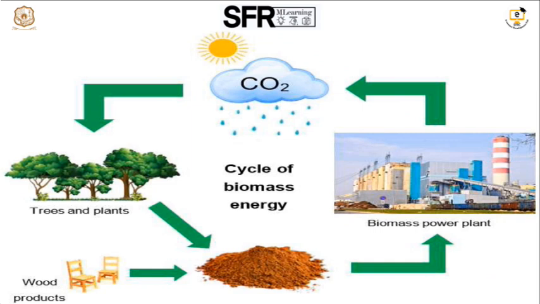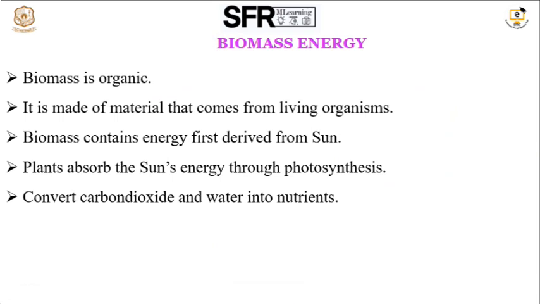Biomass energy can also be a non-renewable energy source. Biomass contains energy first derived from the sun. Plants absorb the sun's energy through photosynthesis and convert carbon dioxide and water into nutrients. The energy from these organisms can be transformed into usable energy.